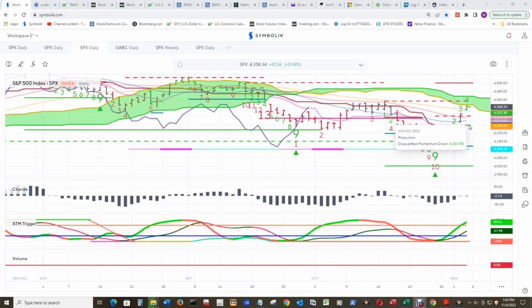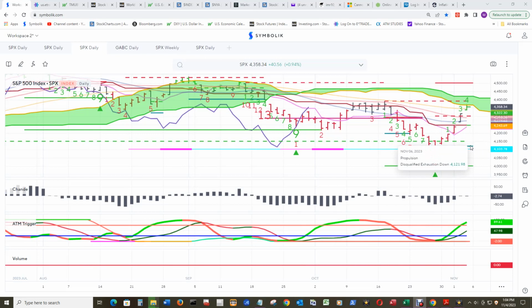And the disqualified momentum down bumped up to 4247.80, not really support nor resistance, but it is right there by the cloud baseline for current price.